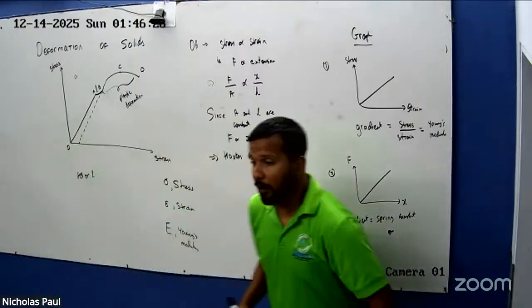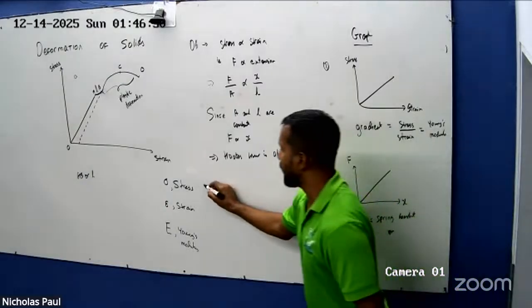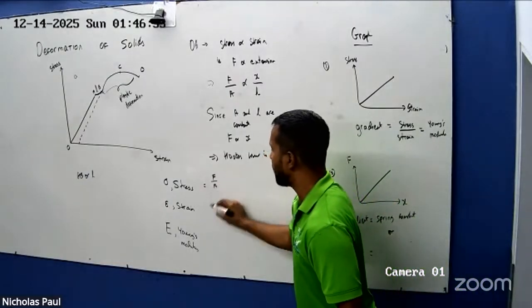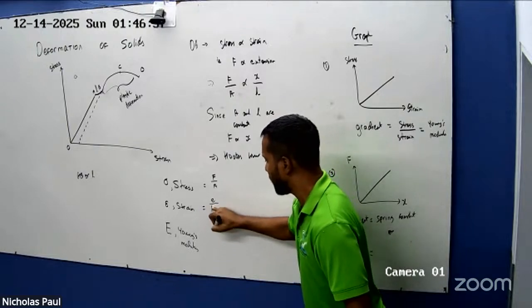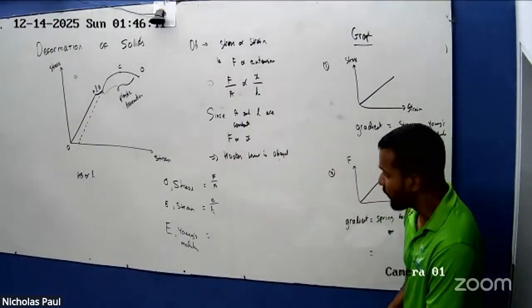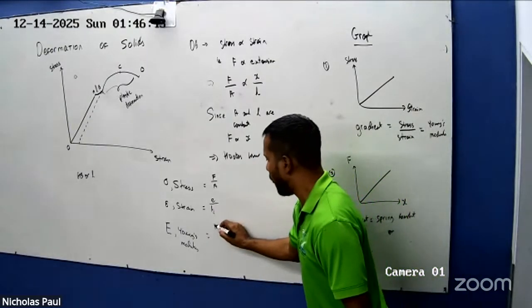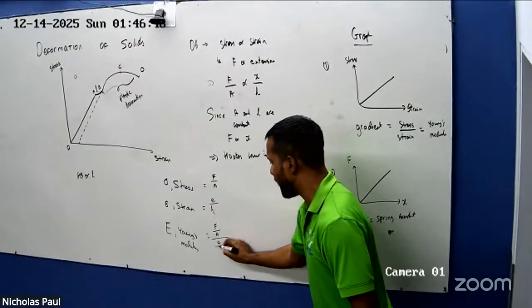Remember, we know that stress is force over area. We know that strain is extension over length. What's Young's modulus again? It's force over area divided by extension over length.